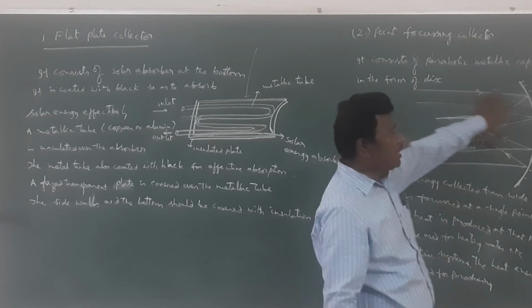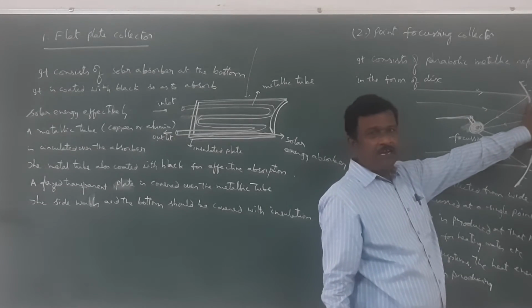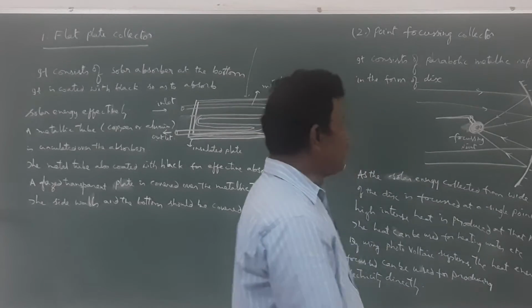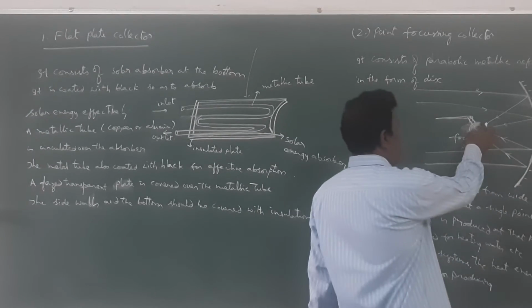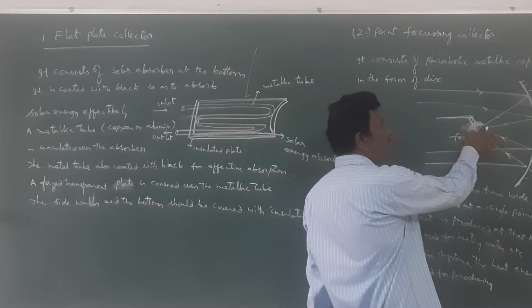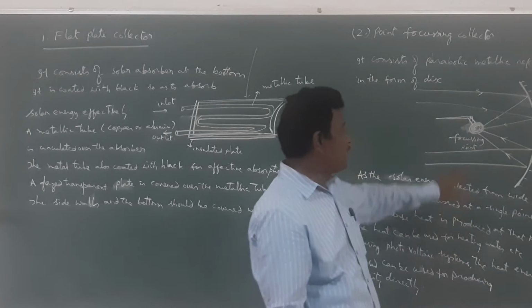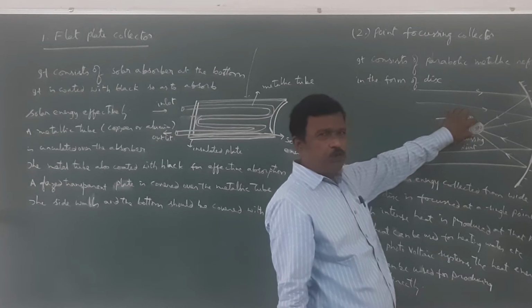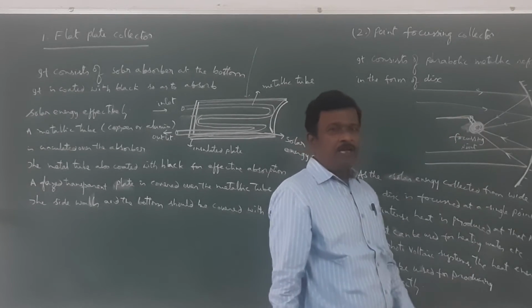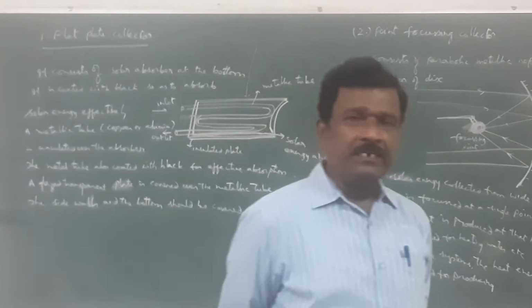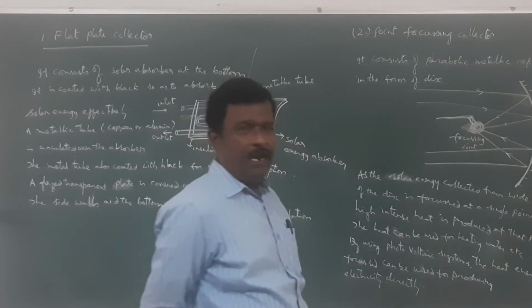When the parallel rays coming from the sun are incident on the reflector, they are focused into a fine beam and incident on the solar absorber. As a result, an enormous amount of heat is produced at this point. That heat can be utilized for heating purposes, heating water or other objects.